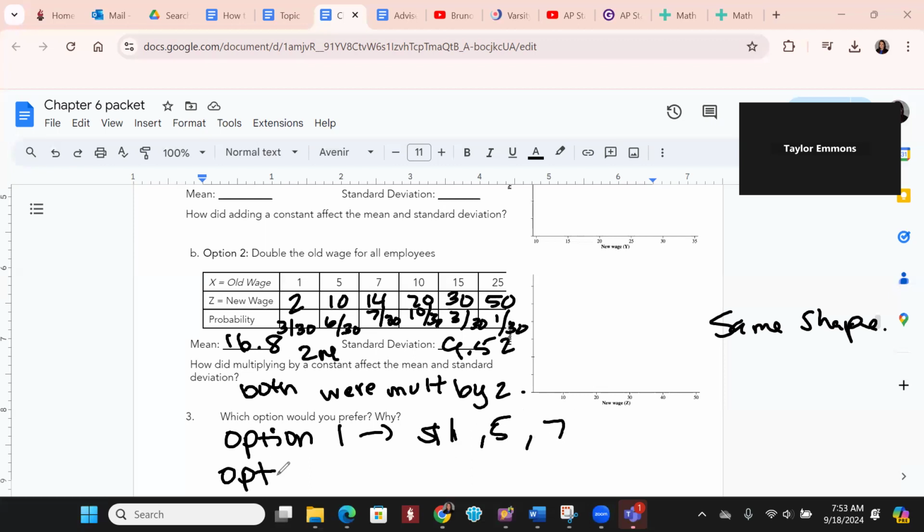I would want option 2 if I was making 15, 25. 10 really isn't impacted, right? Right. They could go either way.